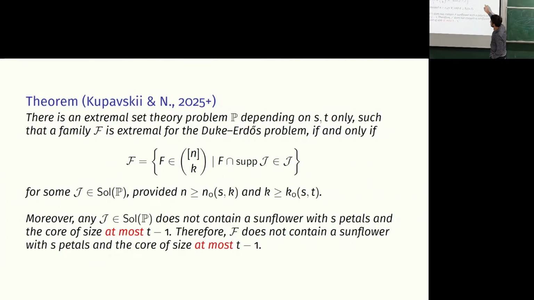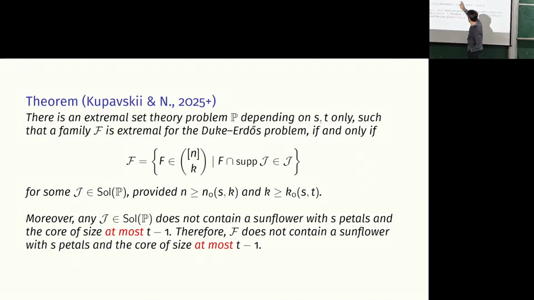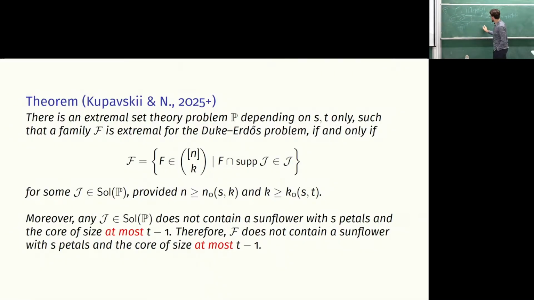So the solution in the Duke-Erdős problem is the same, under quite restrictive requirements on N and K, as for the problem where we forbid a sunflower with the core of size at most T minus 1.